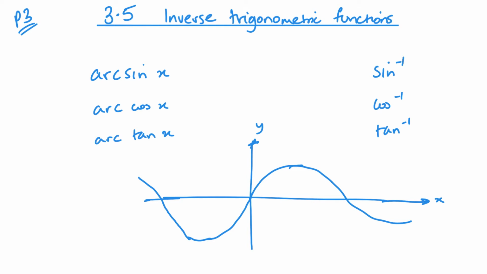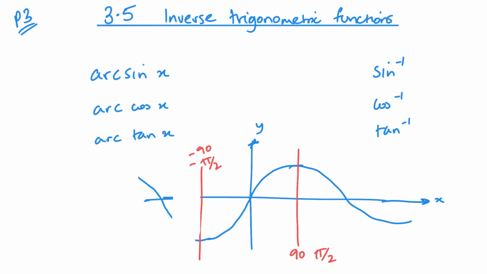Now, I can't cut it here and here because that's not 1 to 1. So the easiest place to do it is between these two values. So essentially at 90 degrees, or pi by 2, and negative 90, or negative pi by 2. So that is where I would cut my graph off.